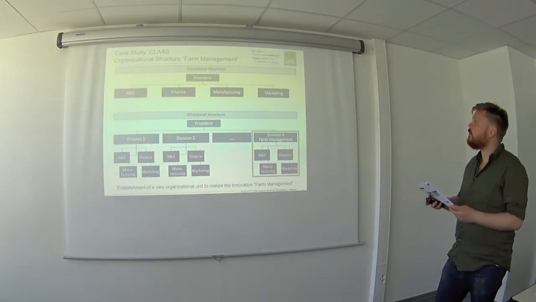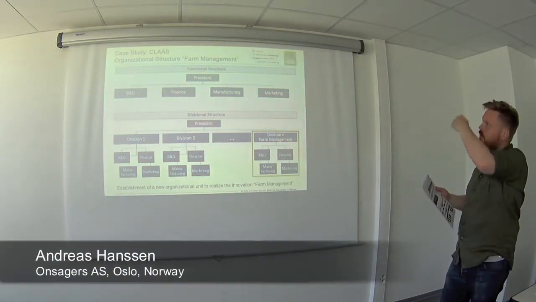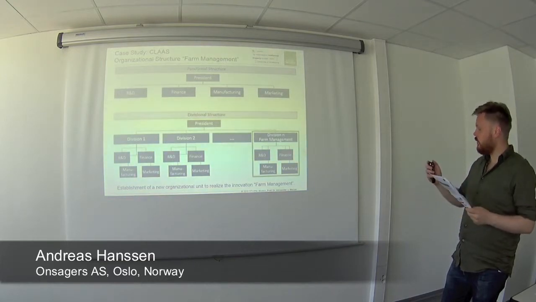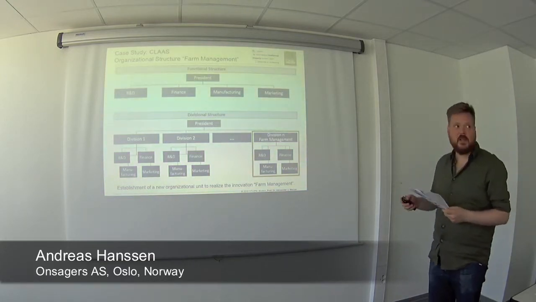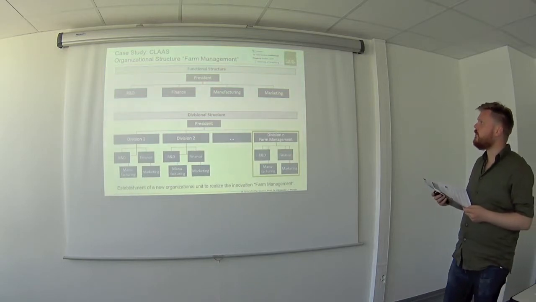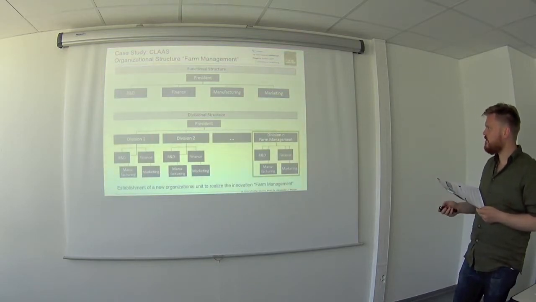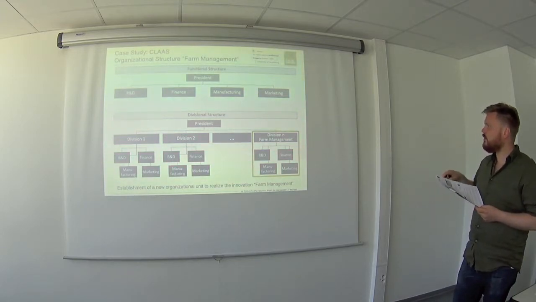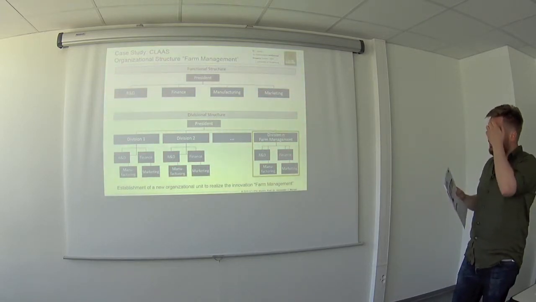Now we're looking more at the structural side of it, the organizational structure. Here, it's not too complicated. It's not a complete rearrangement of the company. It's just a new division down here in the bottom right corner, which is a practical way of doing it.